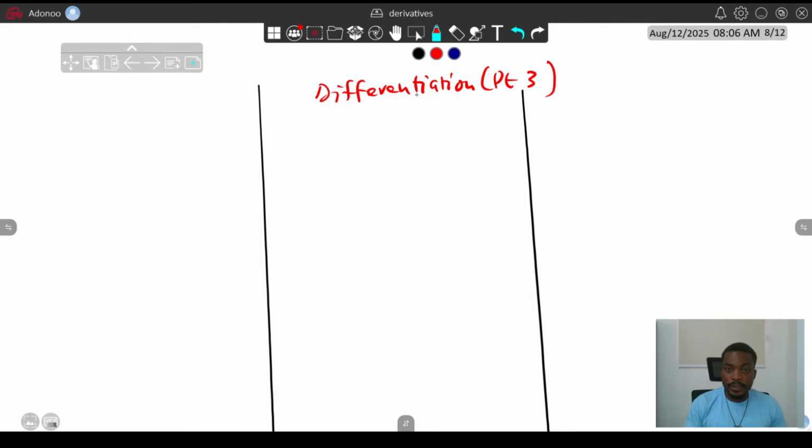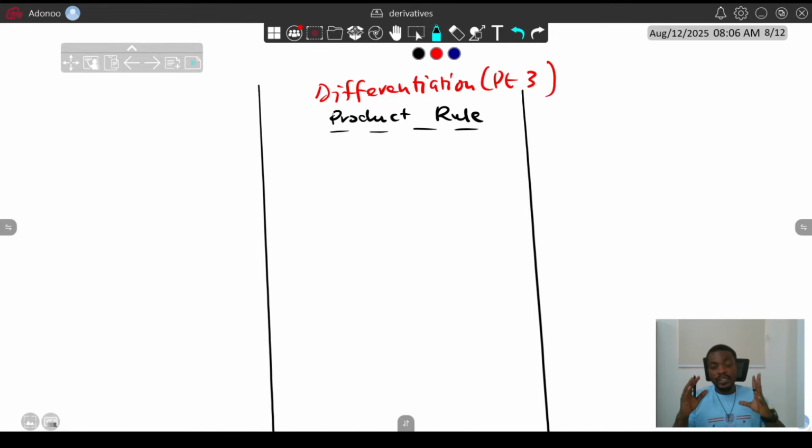Okay, so let's start with the product rule. We use the product rule when we have two functions multiplying each other.